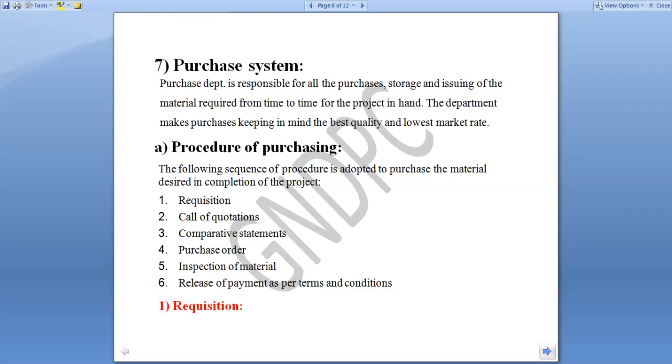For this purpose, the purchase department should always keep certain points in view. Market surveys should be conducted from time to time to know the latest prices of the materials. The material should be purchased, the quantity of which is on demand.